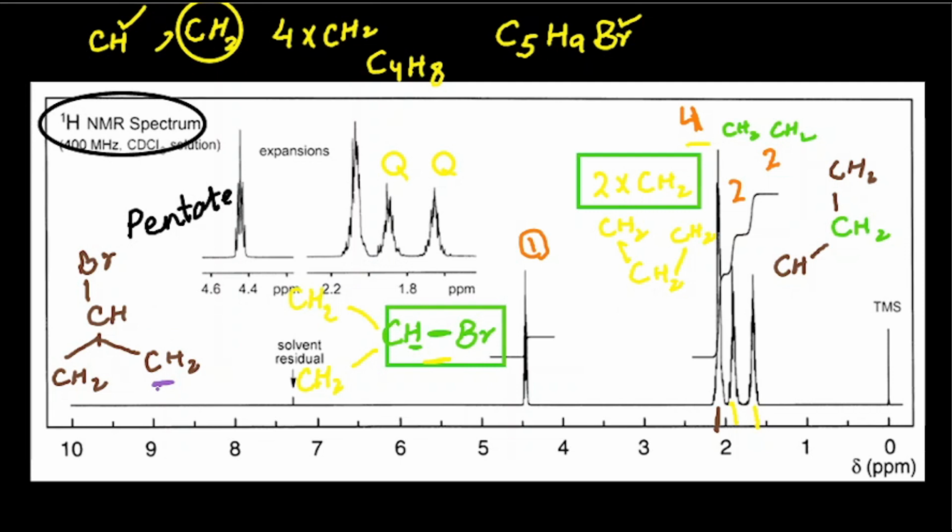So it means that here is also CH2 group. Okay, so if I say this is due to the peak 1, so this CH2 group is due to the peak 1 and this CHBr is due to the peak number 4, as this is the peak number 4. And this CH2 group is due to the peak number 2. This is the peak 2 and this also gives you the same pattern.